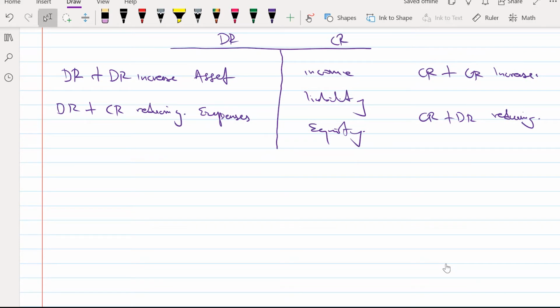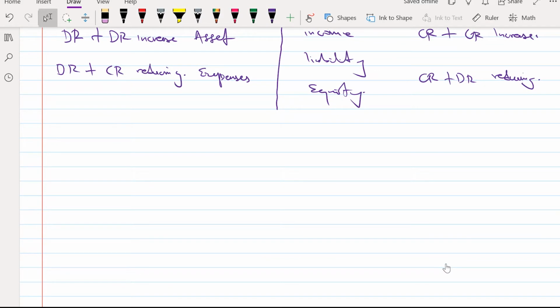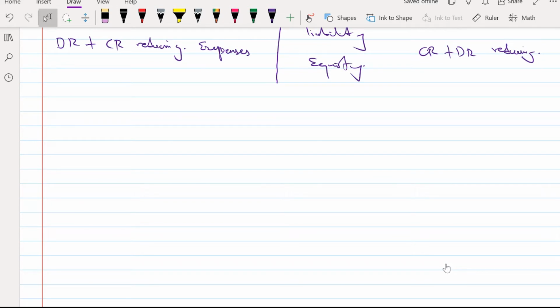Okay, so we are going to quickly pick up and draw out some information, and we use that information to do some necessary ledgers. From there, we'll build a trial balance and we move forward. So let's take some illustration on that. First of all, let me introduce capital at the beginning.